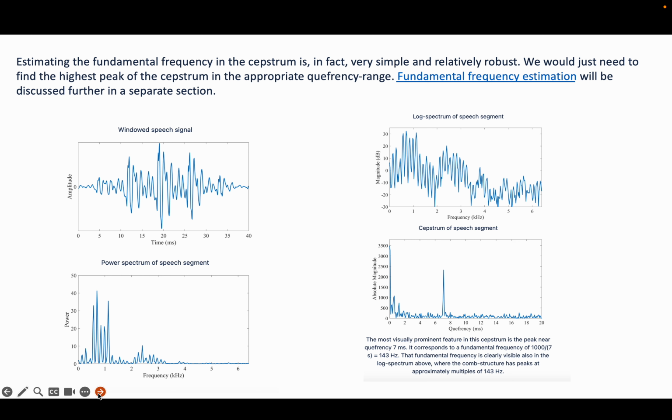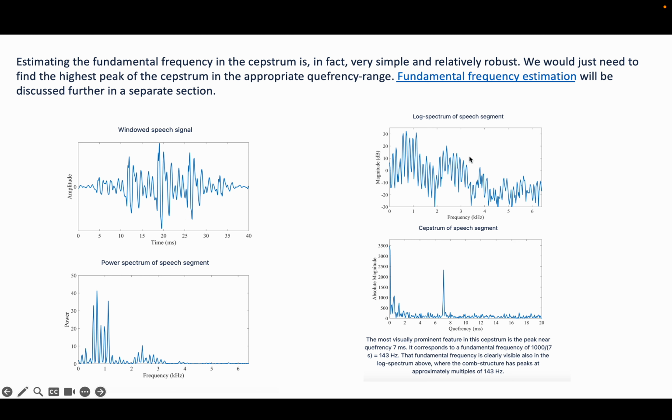But what we have here was actually implemented with Python code, and if you look up this reference, you'll find they do give the Python code. I have not shown it here, but once again, I'm pretty sure we got this far in the last lecture. We have a windowed speech signal.